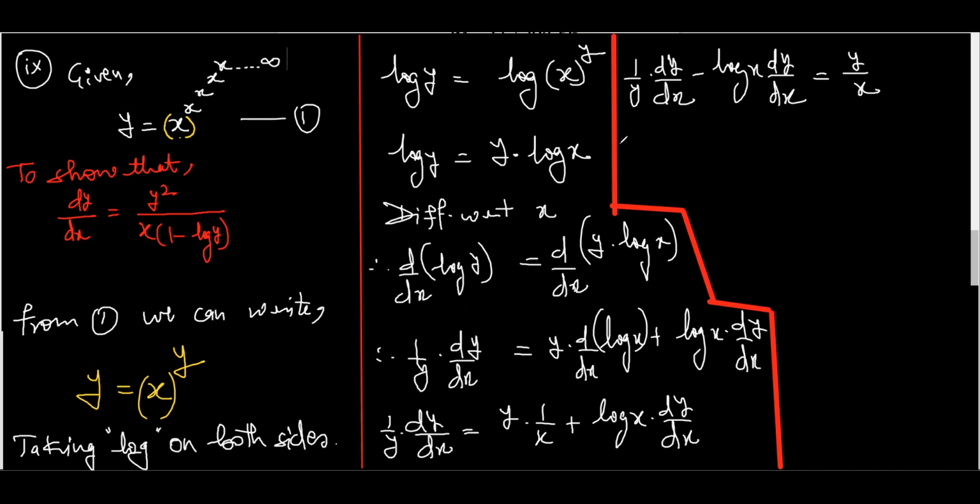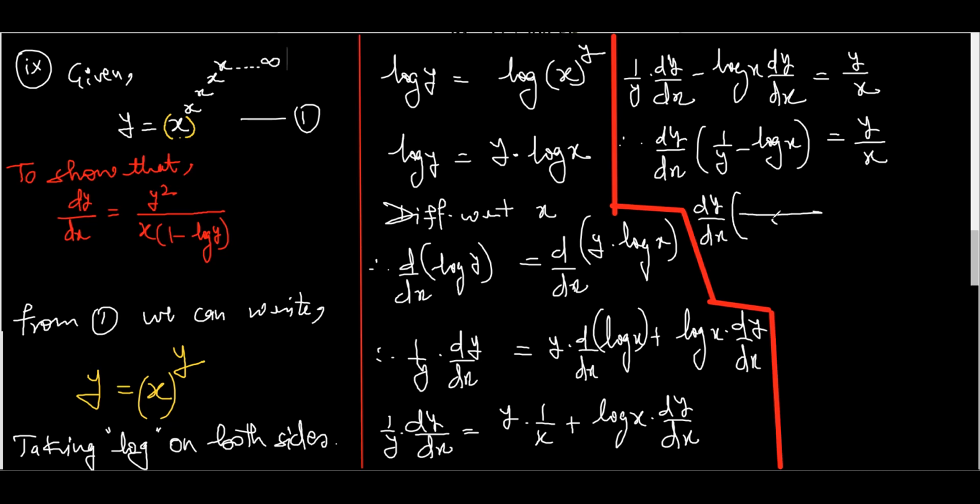Now I take dy by dx common. When I take dy by dx common, I get 1 upon y minus log x equals y by x. So dy by dx, and then I take the LCM inside the bracket, y, and 1 minus y log x over y equals y by x.